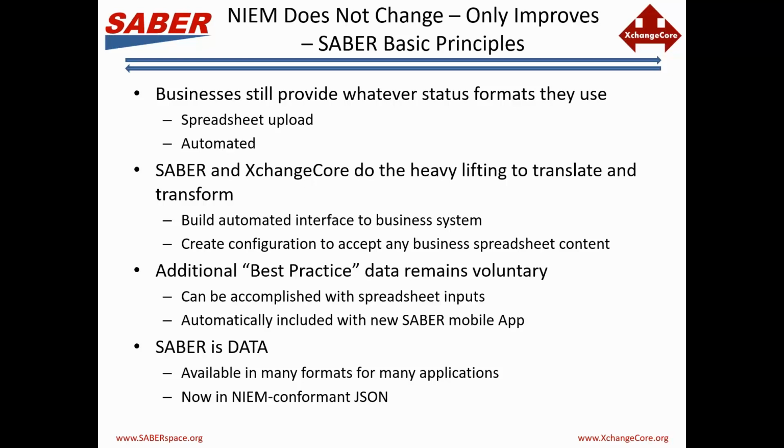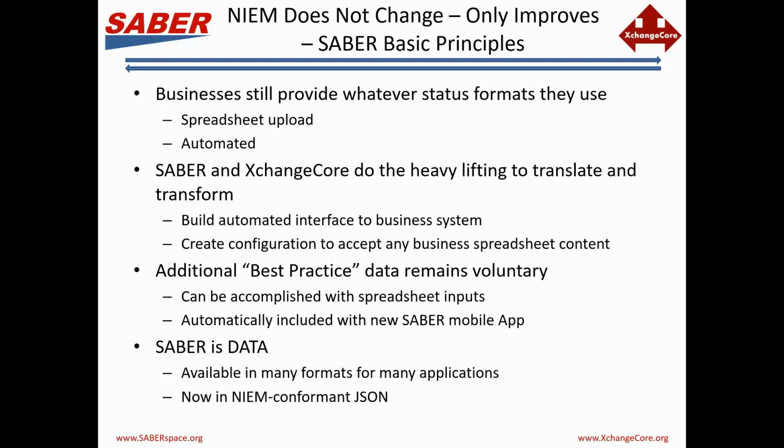The additional best practice data continues to remain voluntary because SABER is a community, not an authority. So it remains voluntary, but we're starting to see companies look at that and say, that information would be useful to me. And that's where we built the best practice. That information is useful to the company.